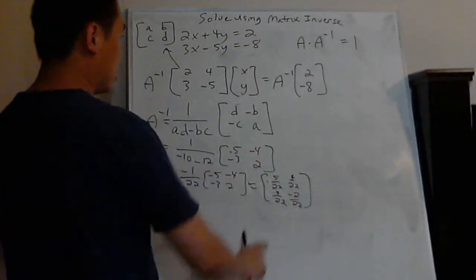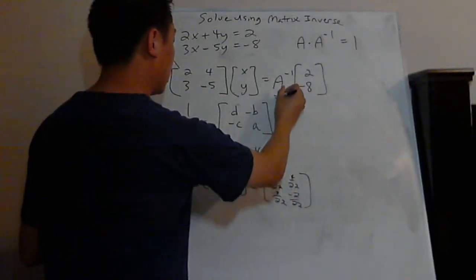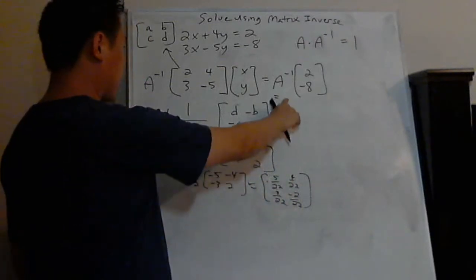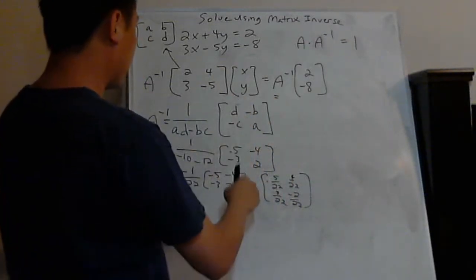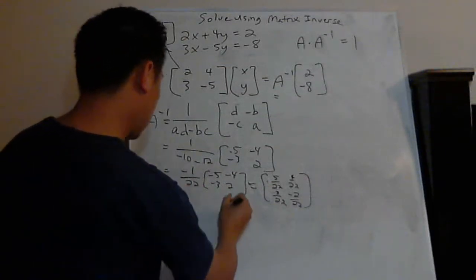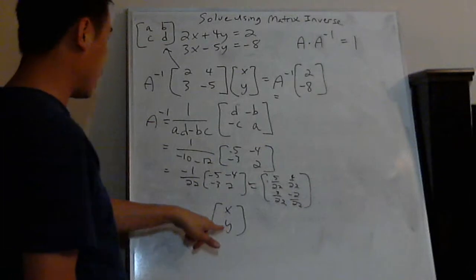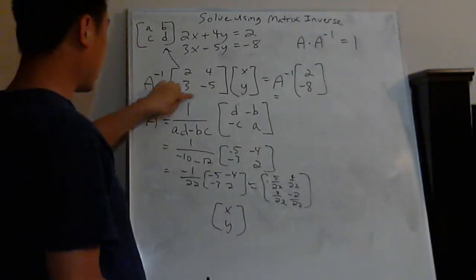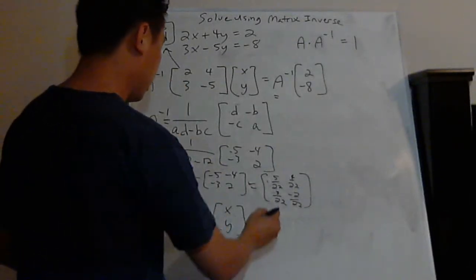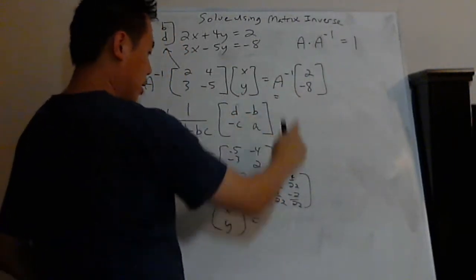So now what I want to do is plug this in here because that's the inverse. For the right side, I already have it. On the left side I have x, y, because A inverse times A is 1. Equals the inverse of A, which is this.